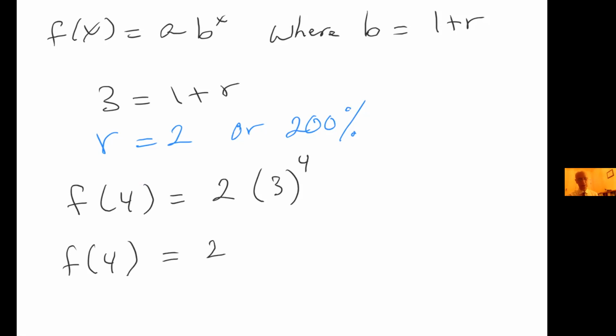So 3 times itself 4 times: 9 times 3 is 27, times another 3 is 81. So 2 times 81 is 162, which is the value of the function when x equals 4.